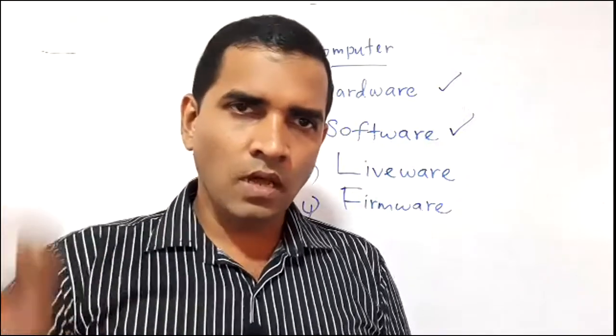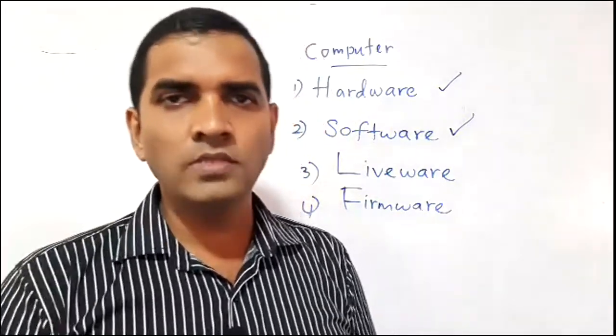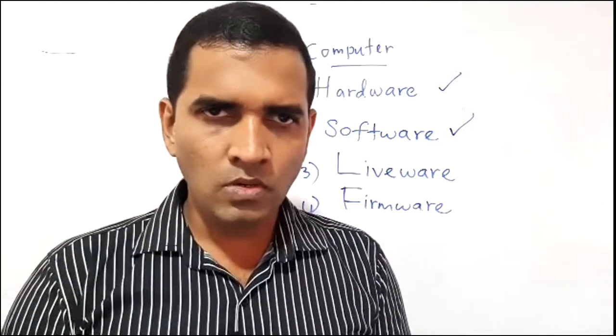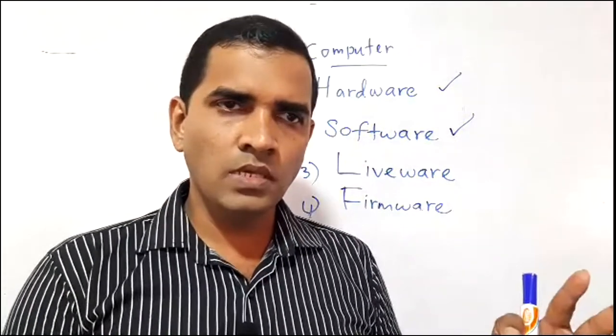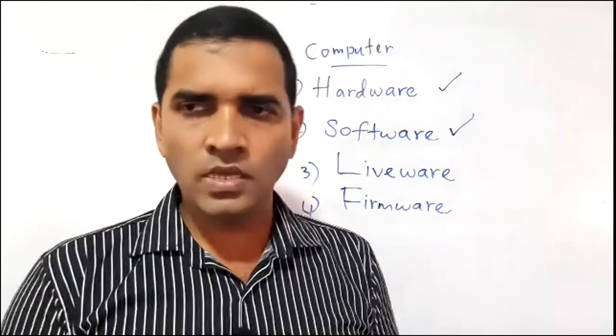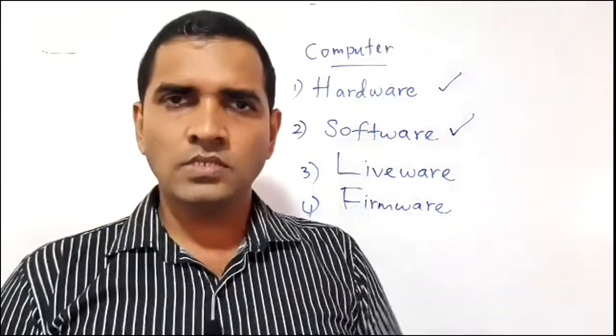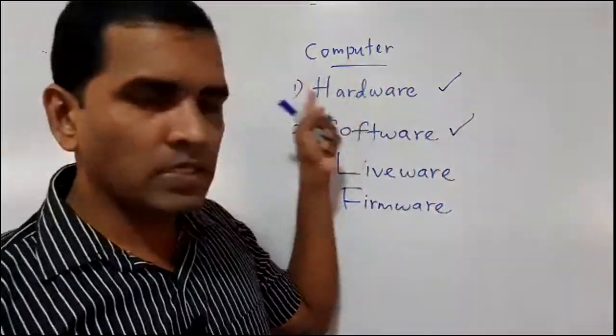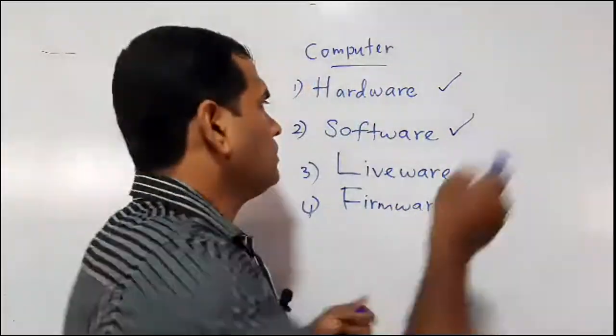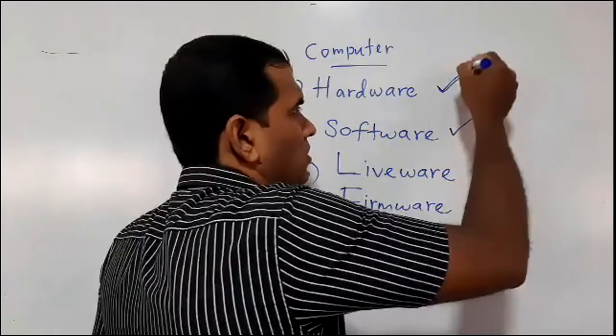Okay, so understand how these components contribute to the computer, and how each is important for the computer, right? Try to understand. I briefly explained everything, but definitely we will discuss hardware in detail, software in detail.